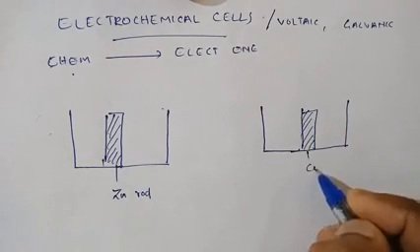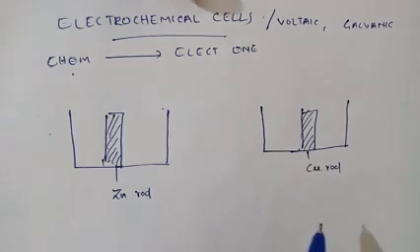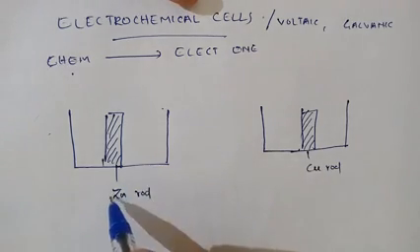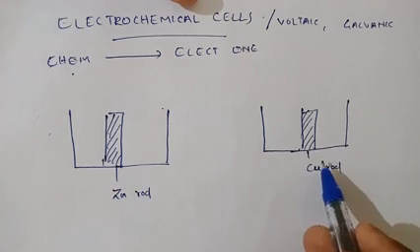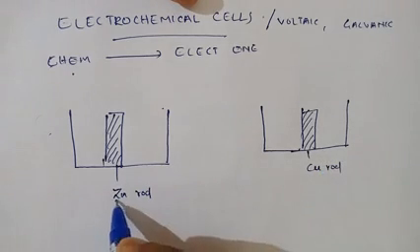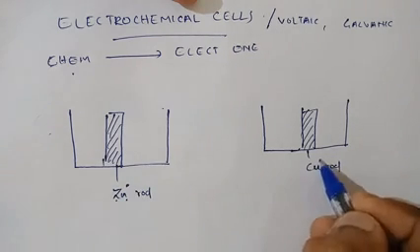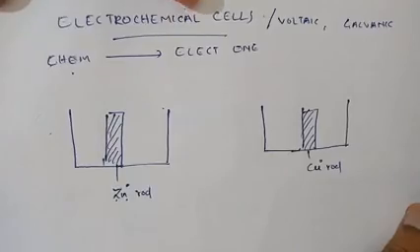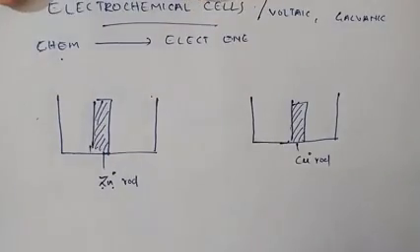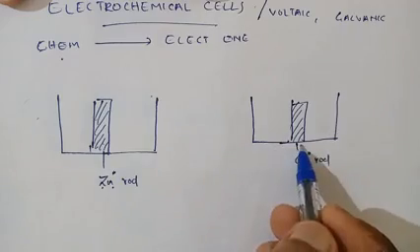This one is a copper rod. So metallic zinc is present, metallic copper is present. What is the charge of this zinc? 0. The charge of zinc is 0. The charge of copper is clear. In the metallic state, the charge will be 0.